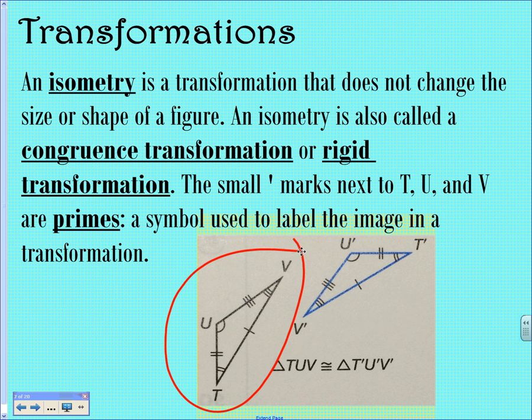We started with this figure. And then our pre-image was moved over here to make our image, U prime, T prime, V prime. So anytime you take a pre-image, once you move it, you have to rename it using the primes. You'll see how that works?